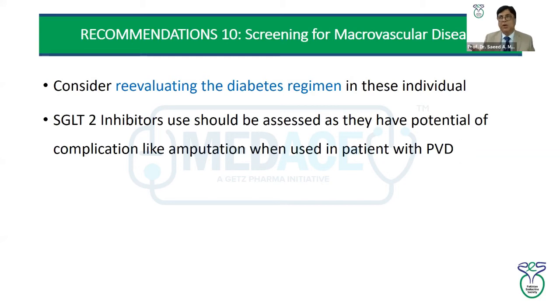But usually what we have seen in our clinical practice, this is not very common, but a point of caution should be there: if you are using an SGLT2 inhibitor in someone with peripheral vascular disease, they should be repeatedly evaluated to make sure the peripheral vascular disease is not worsening. So a word of caution should be there when you are using it in these patients.